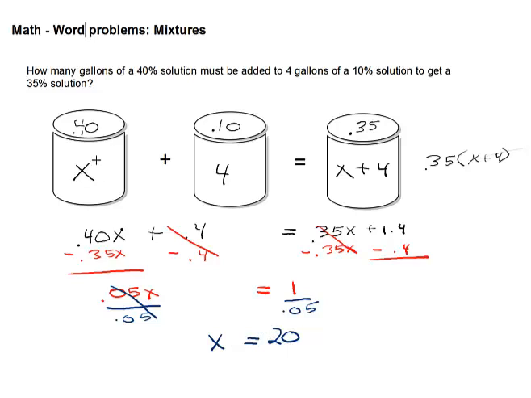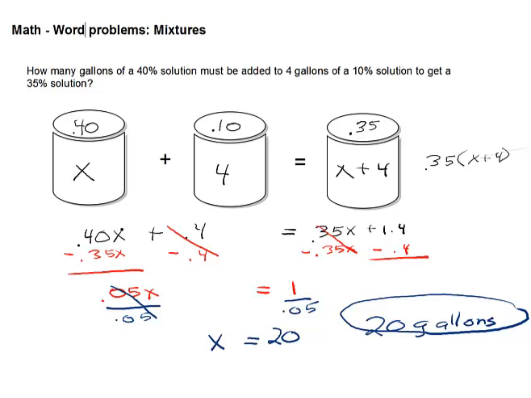So that means we would need 20 gallons of the 40% solution mixed with the 4 gallons of the 10% solution to get a mixture that's 35%. So our answer would be 20 gallons.